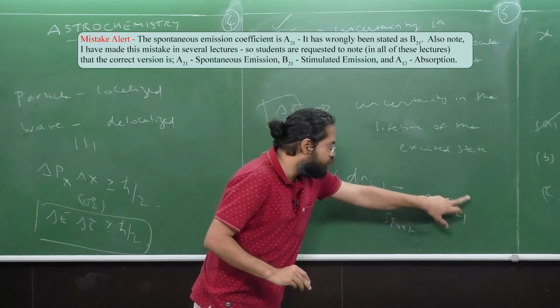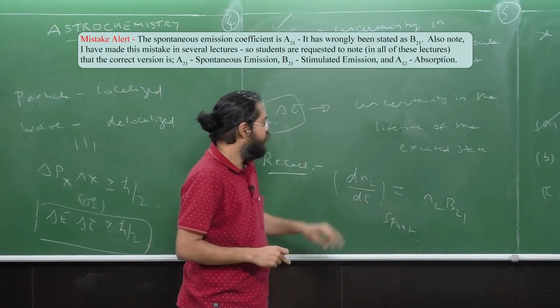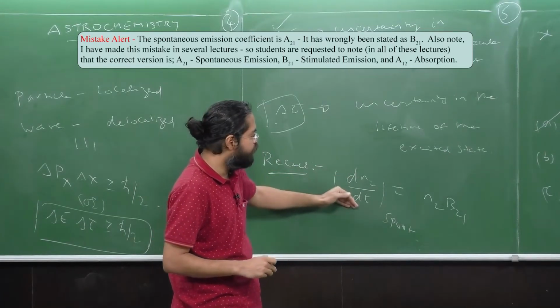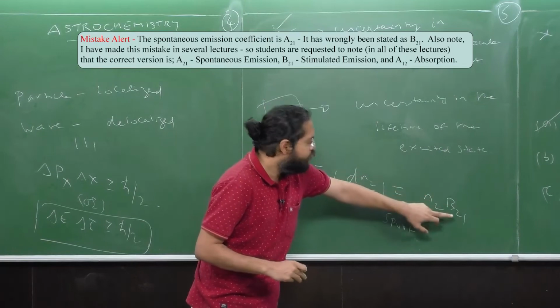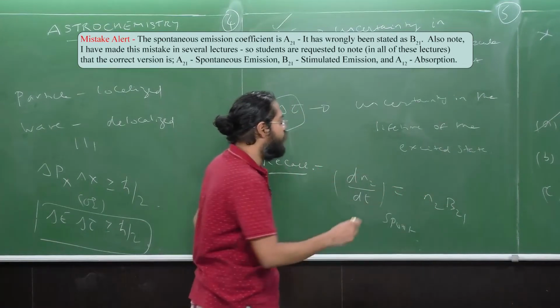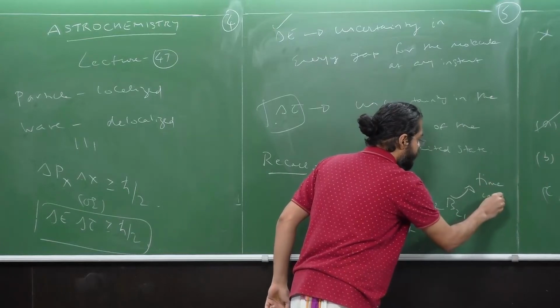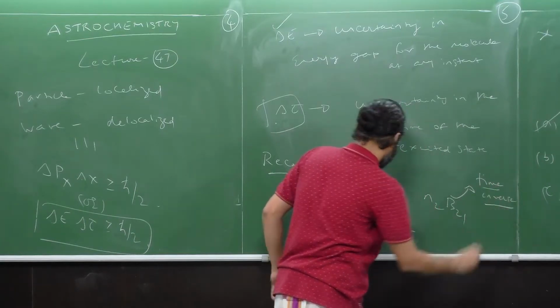Now, what is the unit of this Einstein coefficient? If you think about it, this is going to be some number per time. So therefore, this B21 is going to be some time inverse, because this is per time.